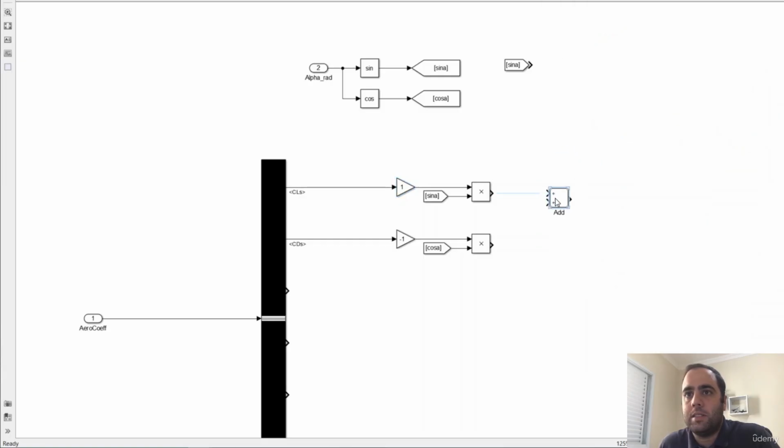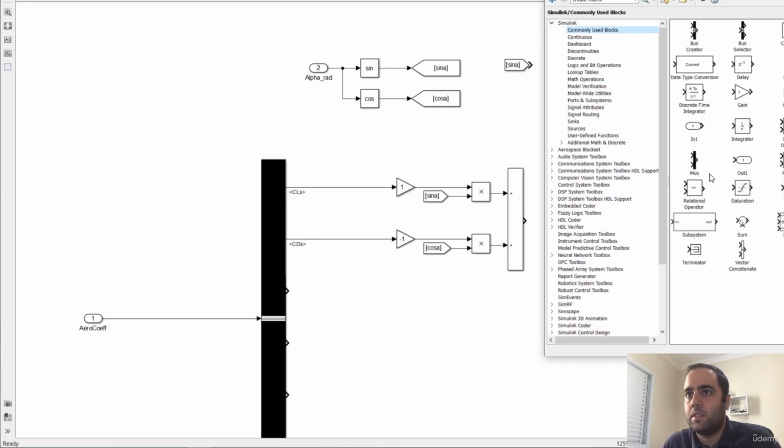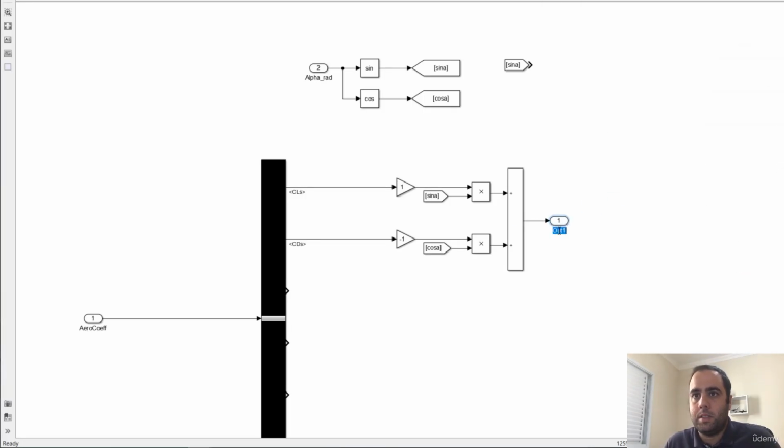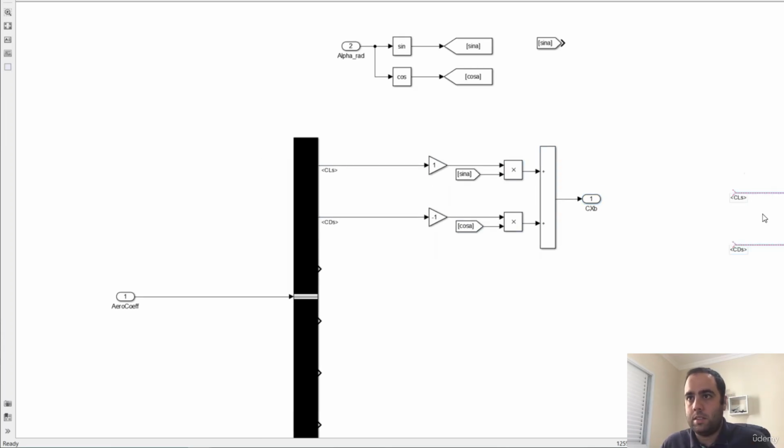And if I add them, I'll end up with CX body. I'm gonna need a similar one for the CZ.